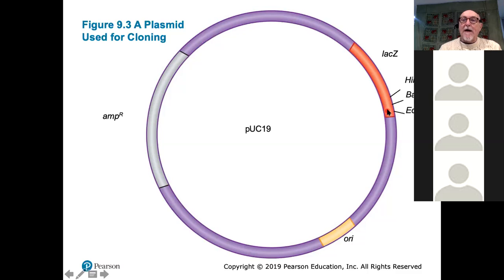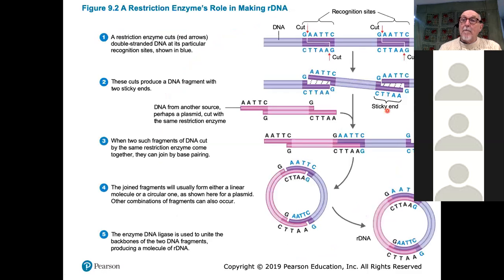And we're going to end up with identical sticky ends, but they're palindromes. And so this AATTC is going to find TTAA end to stick to on our plasmid. Same on the other side.